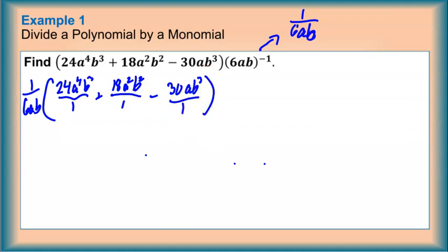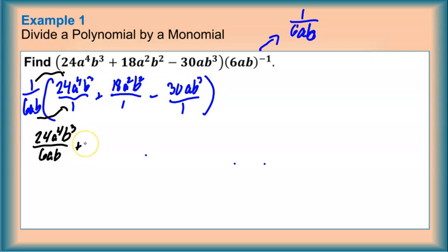And when I multiply fractions by fractions, I multiply numerator times numerator and denominator times denominator. So when I do that, this is going to give us 24a to the fourth b cubed on top divided by 6ab times 1, which is just 6ab.